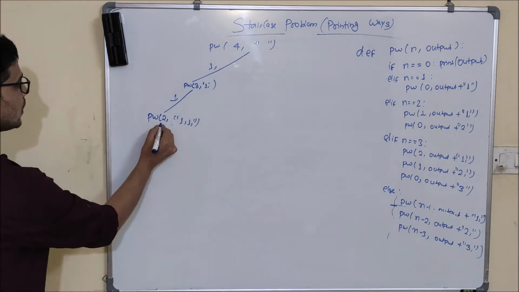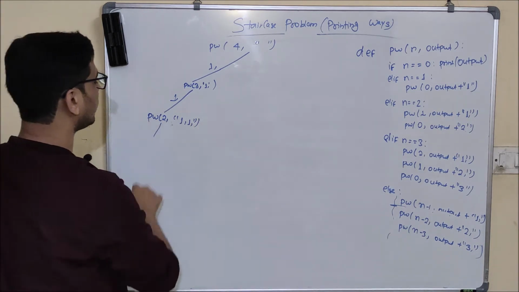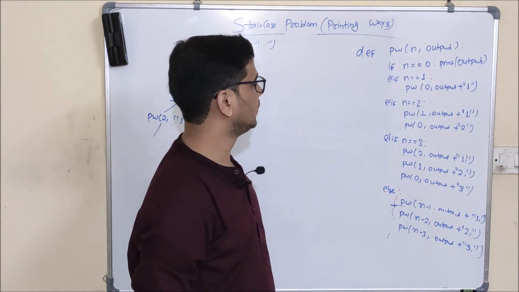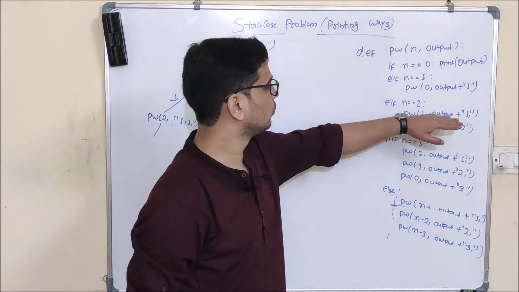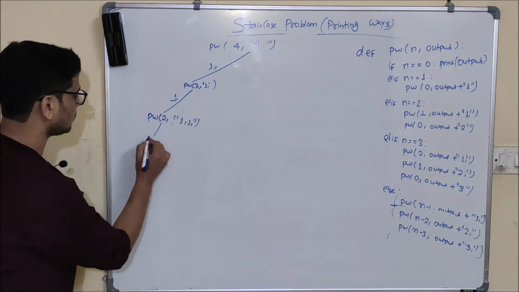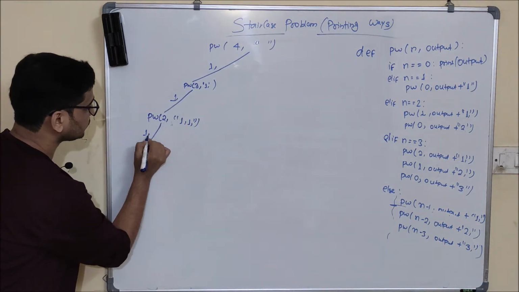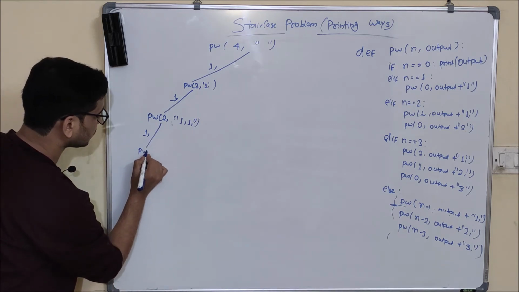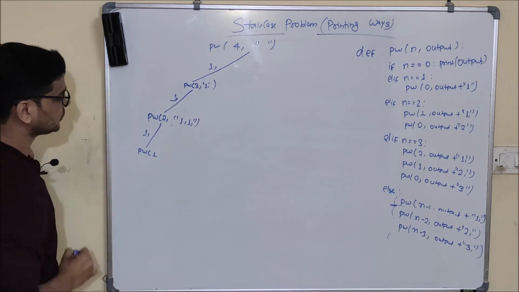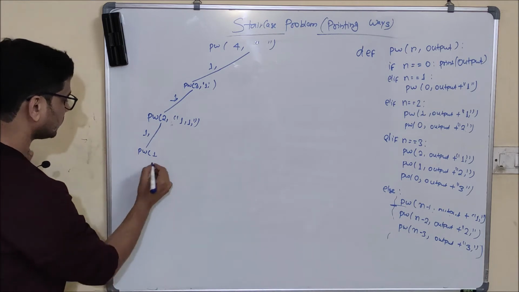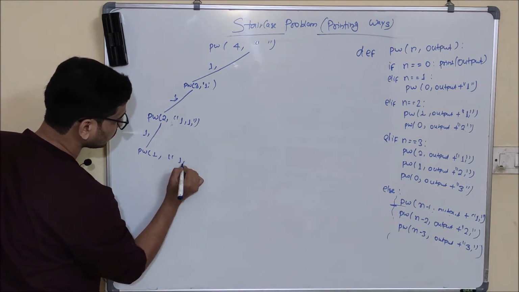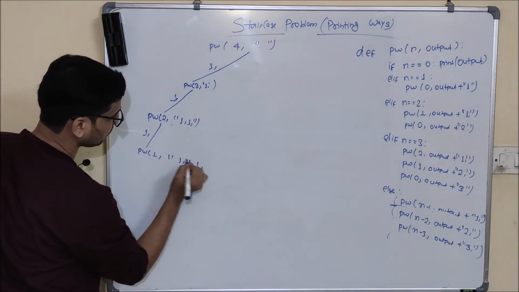Okay, now when pw2 comma 11 goes for its own execution, this statement will be true, and first it will take a 1 step jump. When it takes a 1 step jump, the number of steps remaining to climb will be 1, and it will append 1 here: 1 comma 1 comma 1 comma.